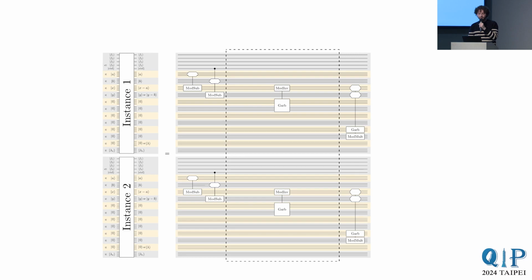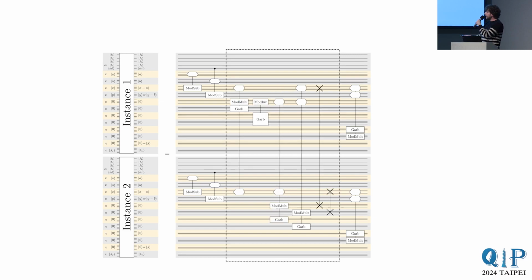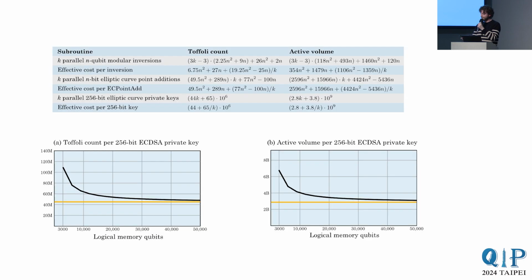Eventually, both instances will arrive at the point when they both need to compute an inverse. They can then make use of the cheaper modular inverse operations to replace these 2 inversions with 3 multiplications and a single inversion. And the more instances you run in parallel, the larger the cost reduction per instance using this trick. In other words, the more qubits we use, the fewer Toffoli gates we need per key.